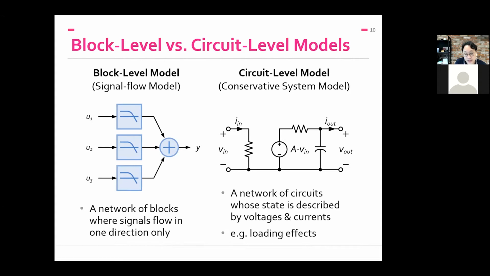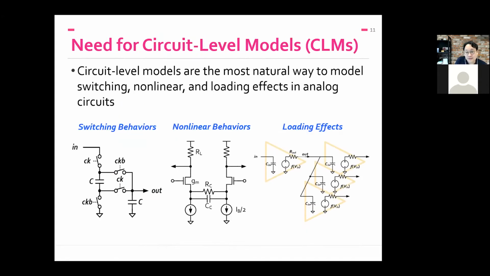Okay, and do we really need to support circuit level models in SystemVerilog? It turns out, yeah, we do, because it's the most natural way to model various analog circuit behaviors, including switching, nonlinearity, and loading effects.